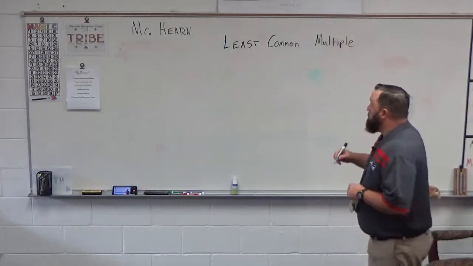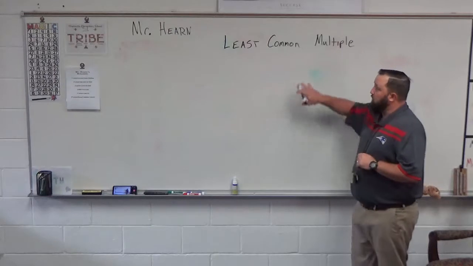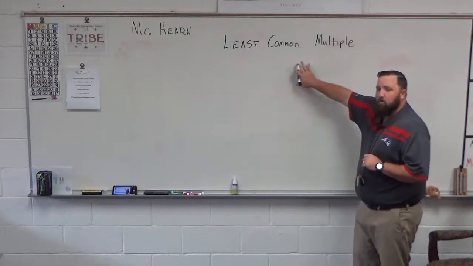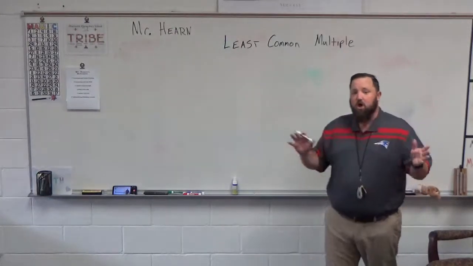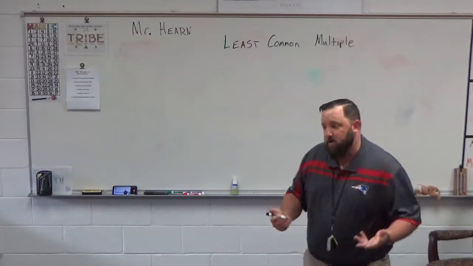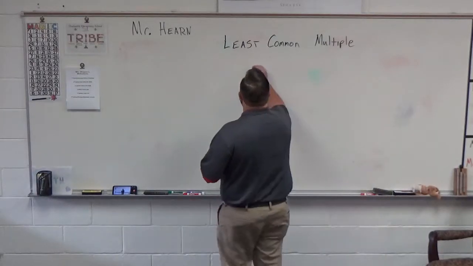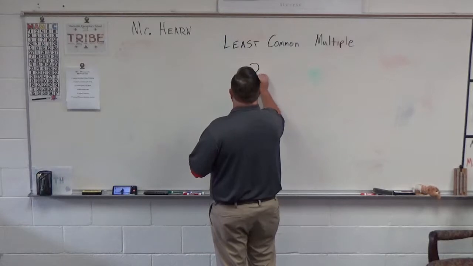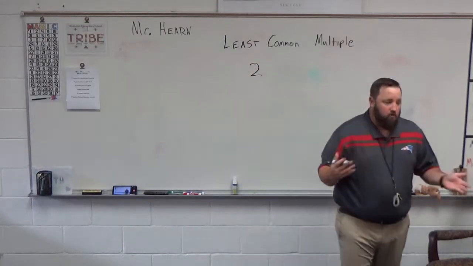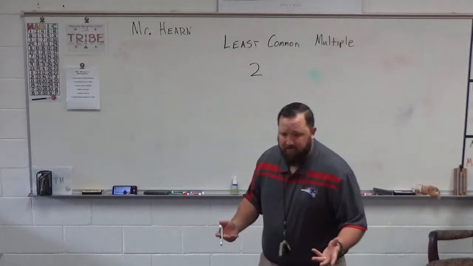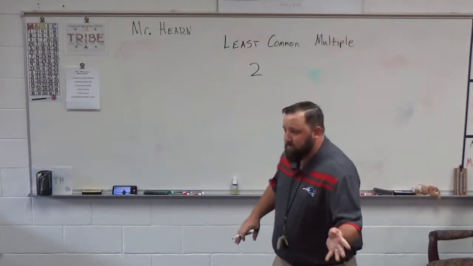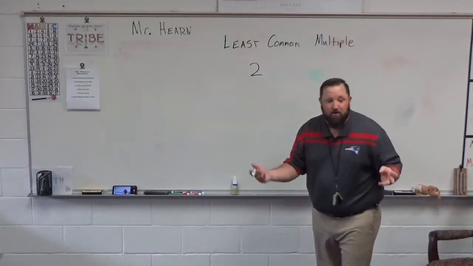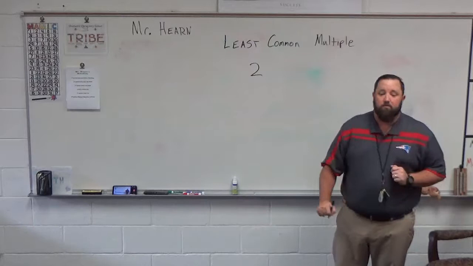Let's go away from least common multiple right now and just talk about multiples. Everybody knows the number 2, one of the most famous ones that we learn when we're growing up, whether it's odd or even. The even numbers are also the multiples of 2.